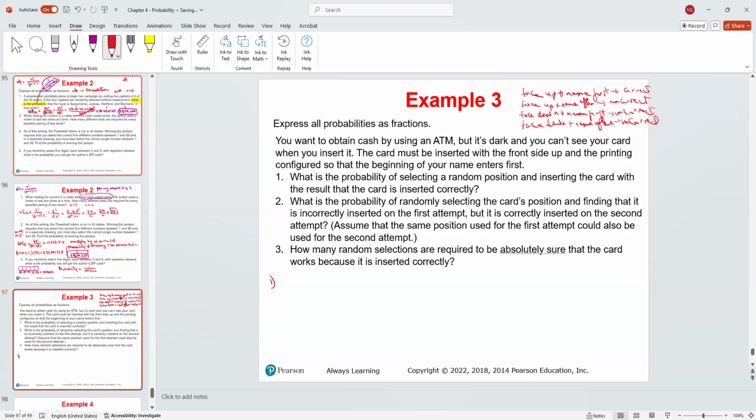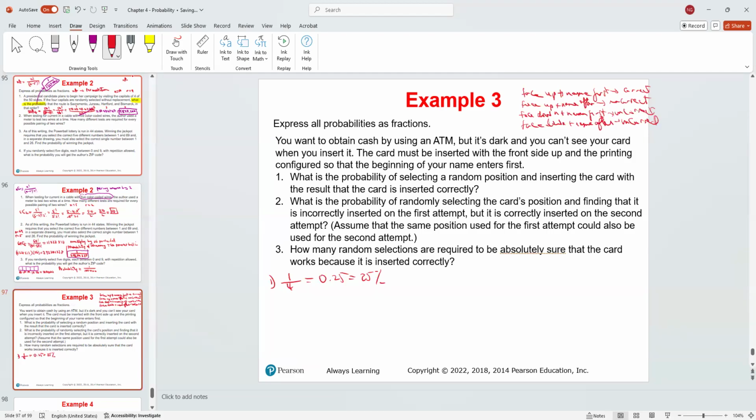So if you answer the first question, what is the probability of selecting a random position and inserting the card so that the card is inserted correctly? It's only 1 out of 4 of the time, so 0.25 or 25% of the time. That would be the only time because there are four possibilities.